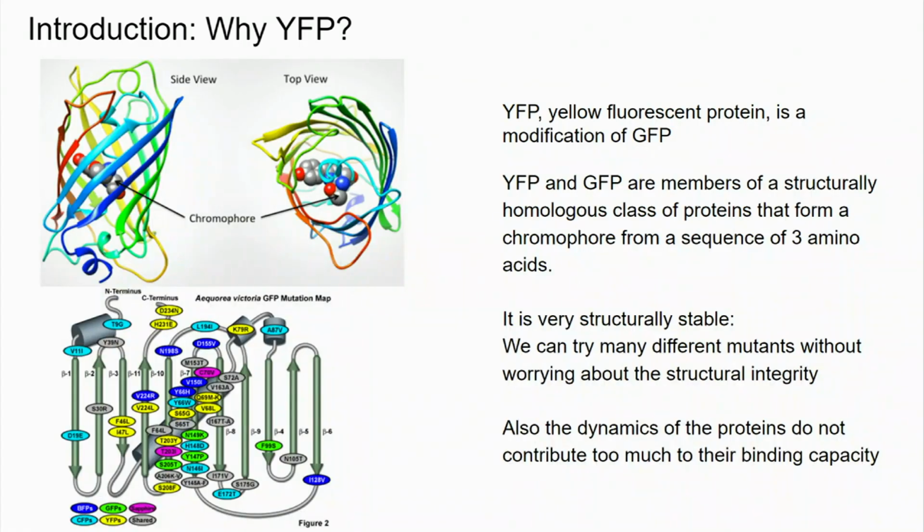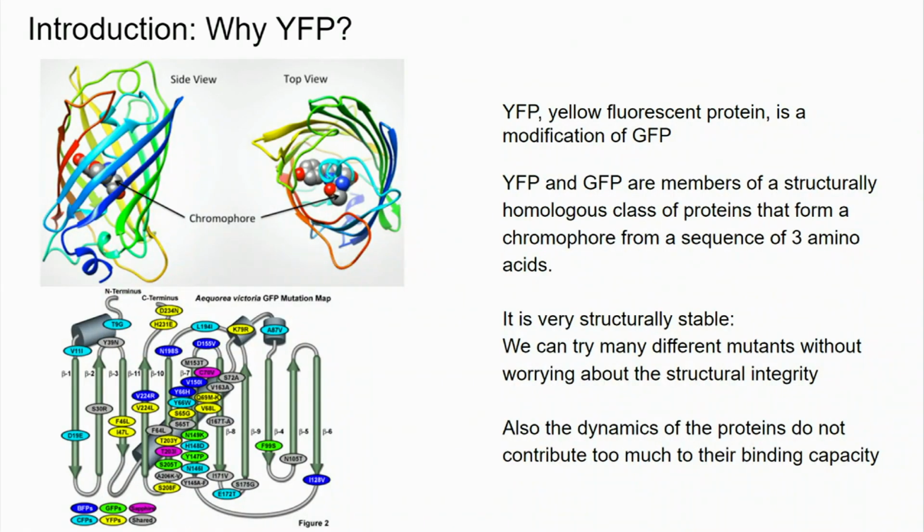So it could interact with RELs and other things. It's also very stable, so we can make a lot of mutations on the fluorescent protein and still keep its structure, without the structure blowing up or changing shape.